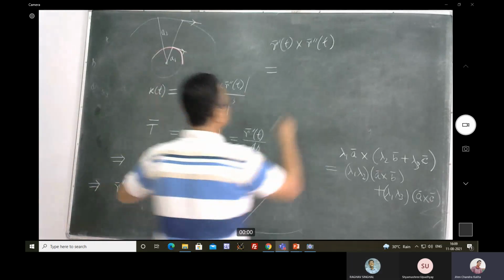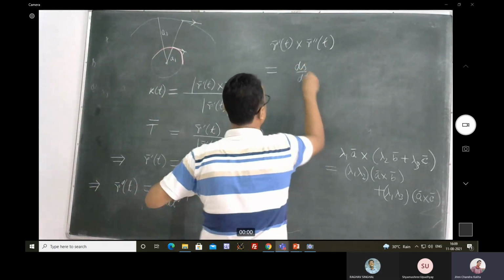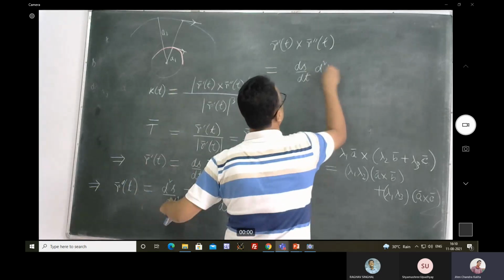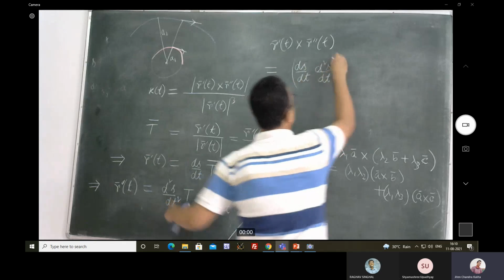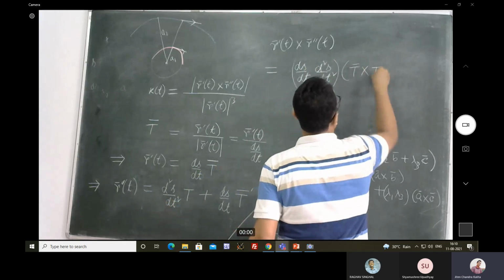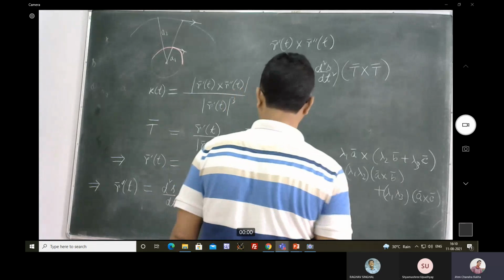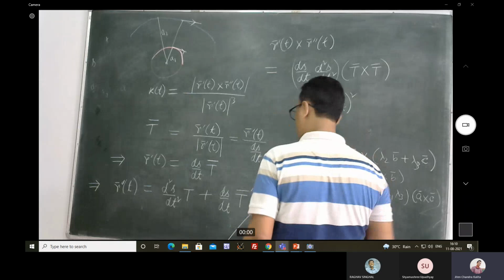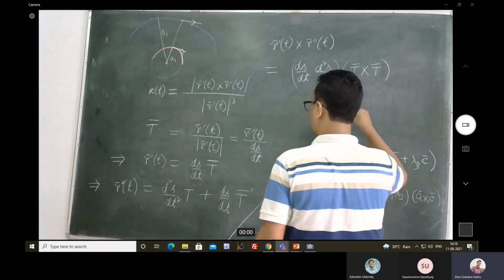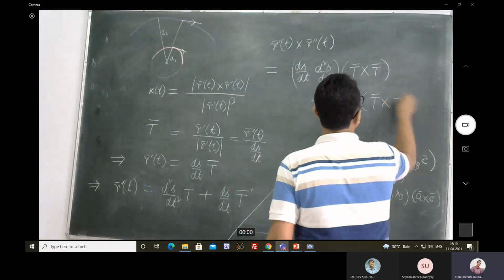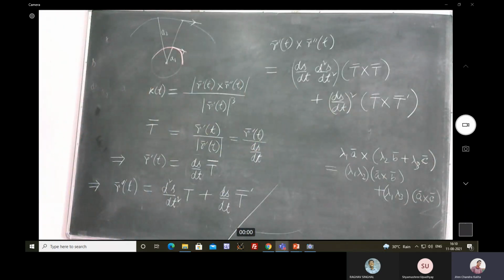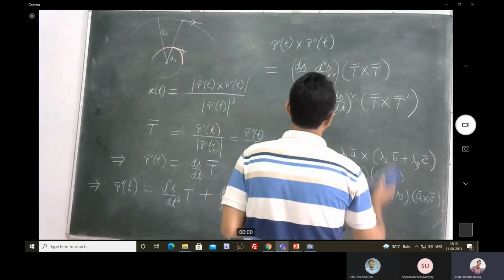R prime t is ds dt T, and this is d2s dt squared T, then T cross T, right? And then plus ds dt whole square T cross T prime. Is it okay if I follow the same? Yes, that's right.